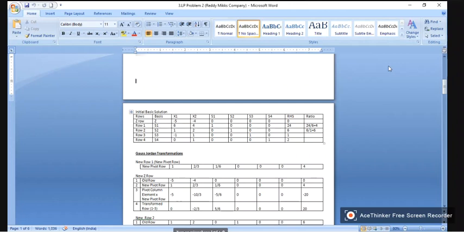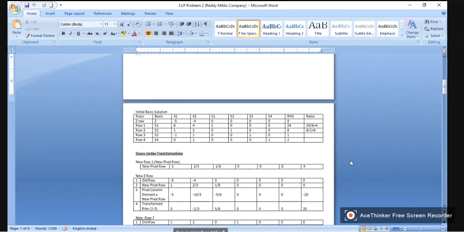Students, for the next class, you have to come with the solution for the diet problem and the numerical problem, and I will be asking any one of you to present the problem.